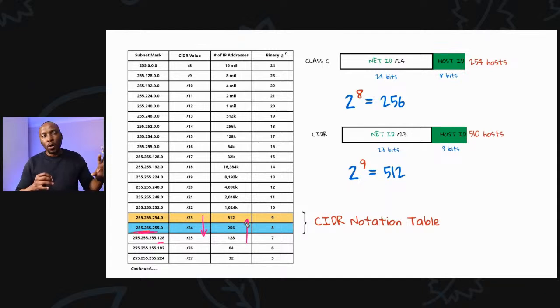So on a normal /24, we have 254 hosts on that particular network. On a /25, we have 128 hosts. On a /26, we have 64 hosts per network. On a /27, we've got 32 minus 2, which is 30 hosts per network. On a /28, you've got 16 minus 2, which is 14.